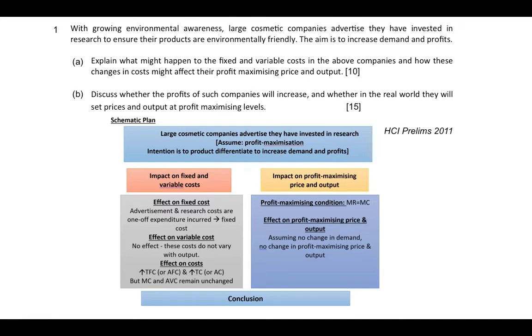So what you probably need to do is to draw your diagram, draw your profit maximizing condition, draw an average cost curve, and do ensure that your MC cuts the average cost curve at its minimum point. And then draw another average cost curve that shows a shift upwards because of the increase in cost due to your advertisement as well as your R&D. So that's quite straightforward for part A, and I hope you'll be able to actually get it done.